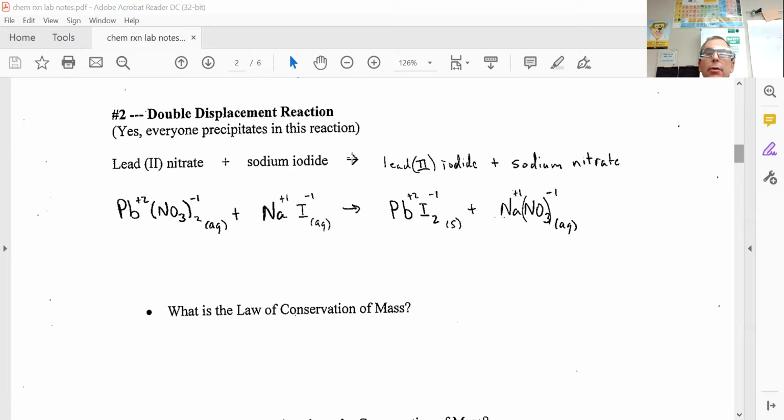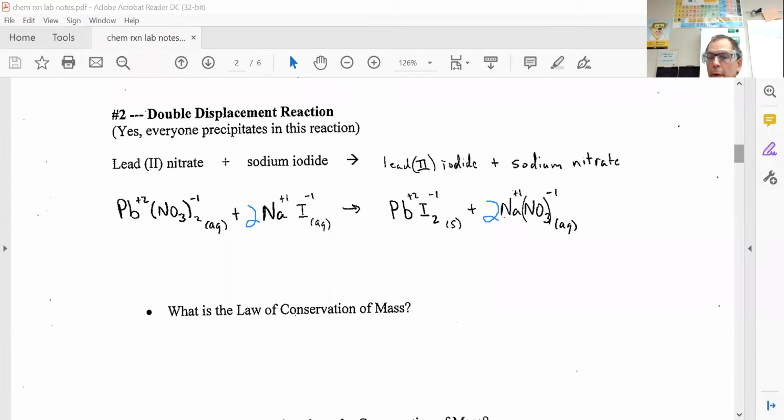That is the mass of the reactants equals the mass of the products. And we know that's true about every chemical reaction because the number of lead atoms on the reactant side and the number of lead on the product side are the same, or the number of sodiums on the reactant side is the same as the number of sodiums on the product side, and so on.